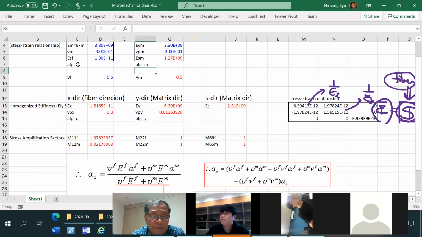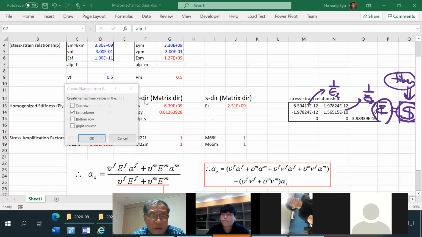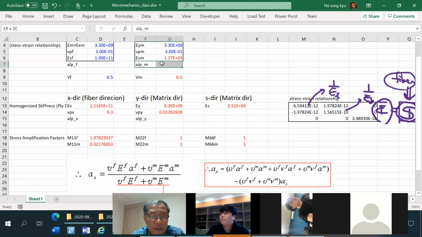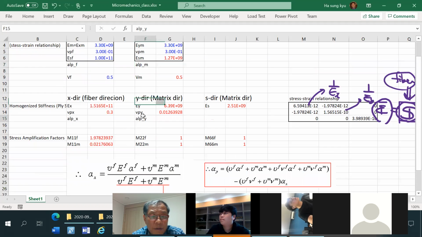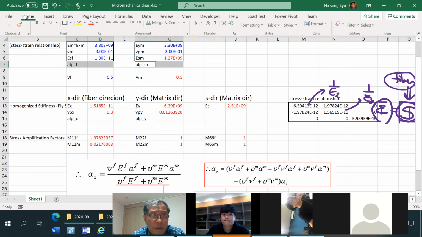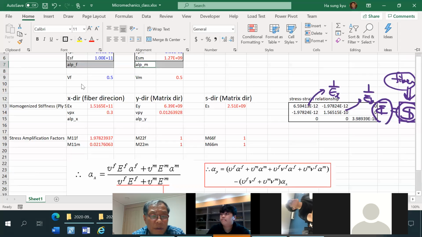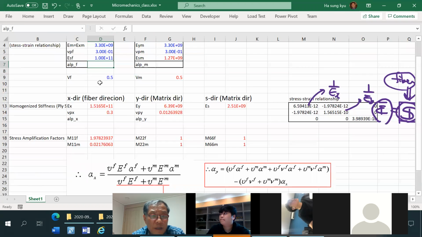So we have these terms. I would say alpha x like 10 to the minus 6.